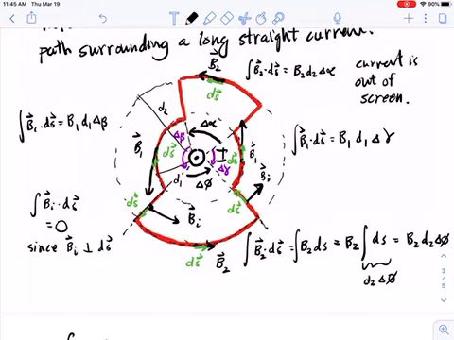If we label the different segments, 1, 2, 3, 4, 5, 6, 7, we have 8 different segments.